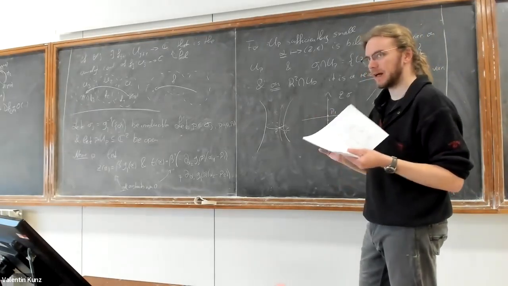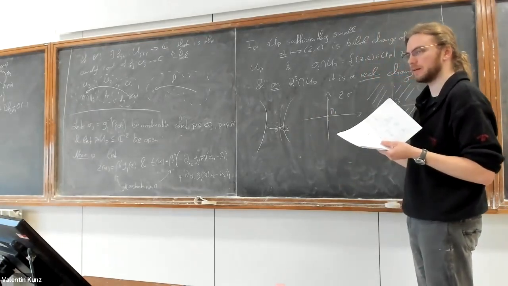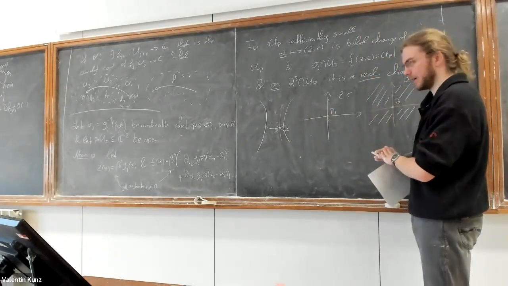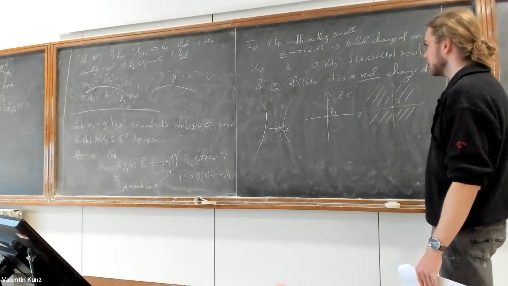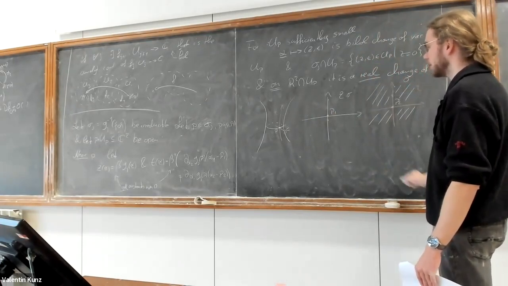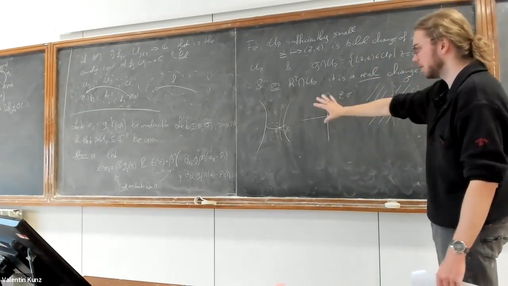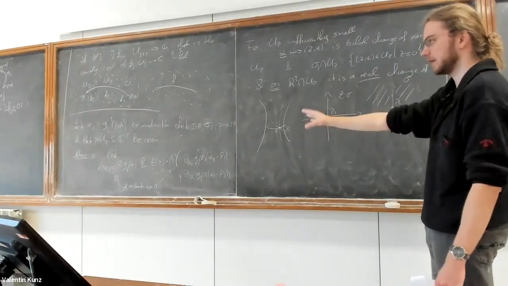Don't quote me on that, but I think that for every regular singularity you can find that, not in general, but more precisely for any analytic set, which does not need to be an algebraic set. Anyway, we will always be able to find this because we are looking at algebraic sets.